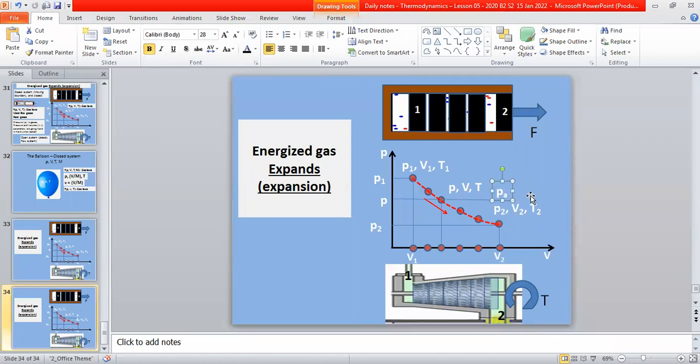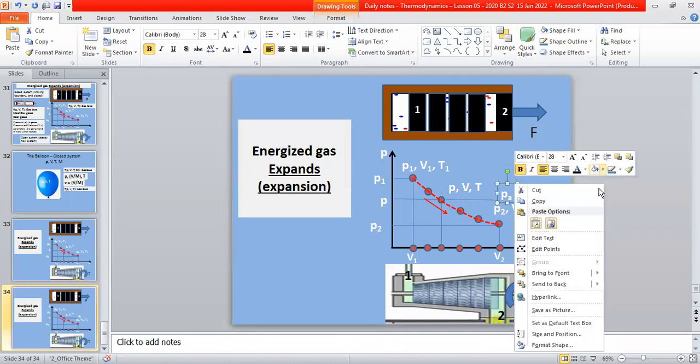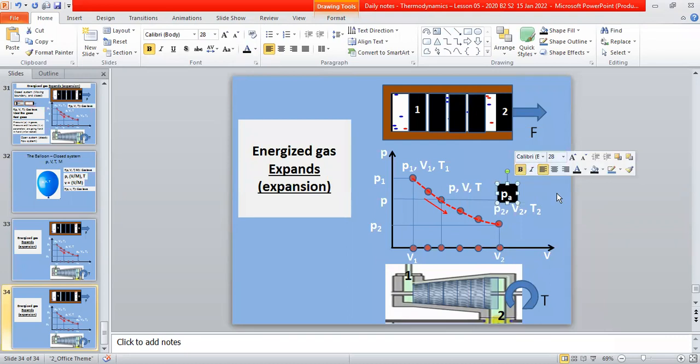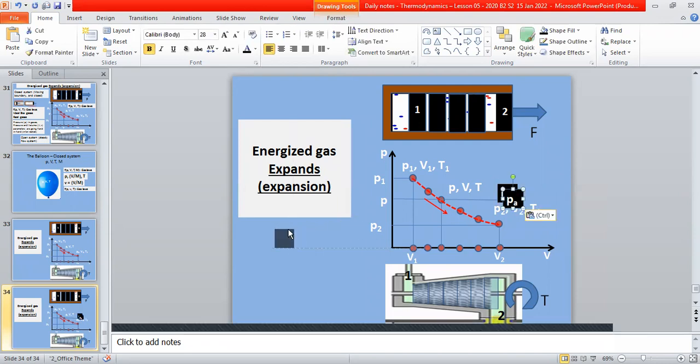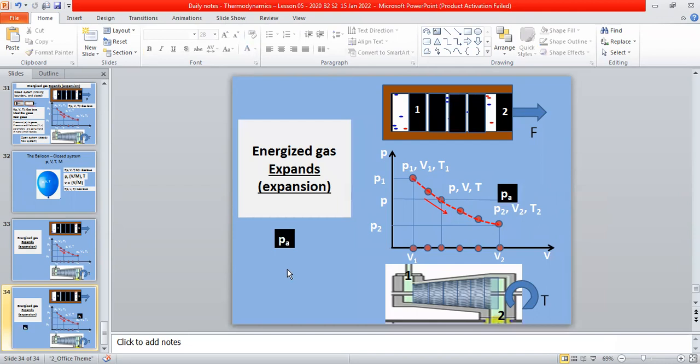The P average, and the expansion is from V1 to V2.